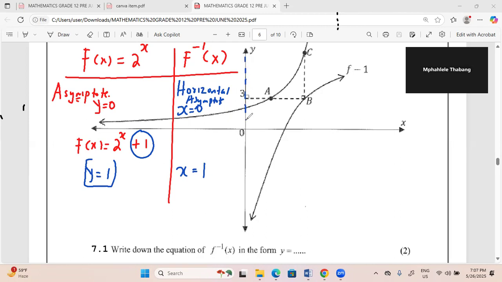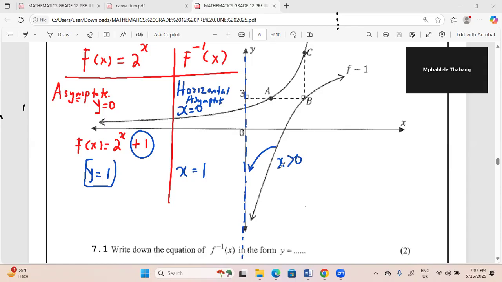which means that this inverse can never touch this asymptote line. So the domain of our graph is x always greater than 0. And don't include the equal sign. Don't say x is greater than or equal to 0.